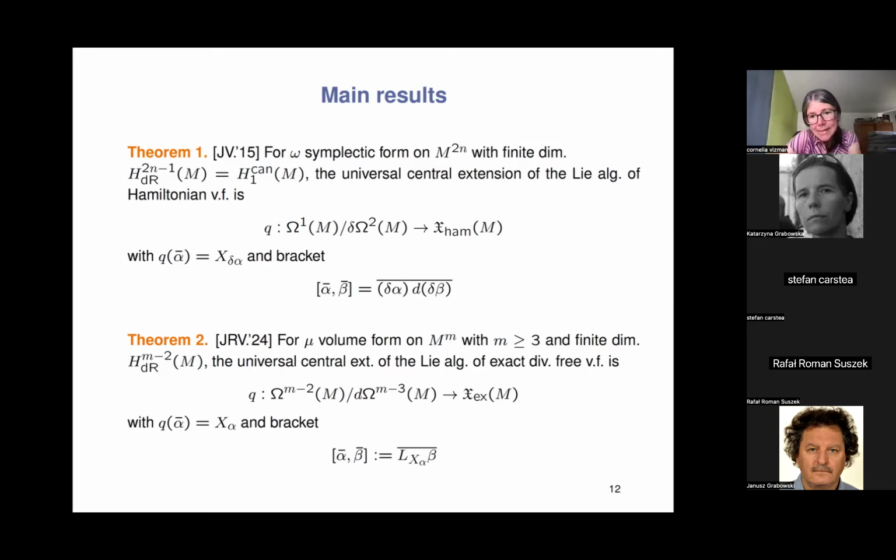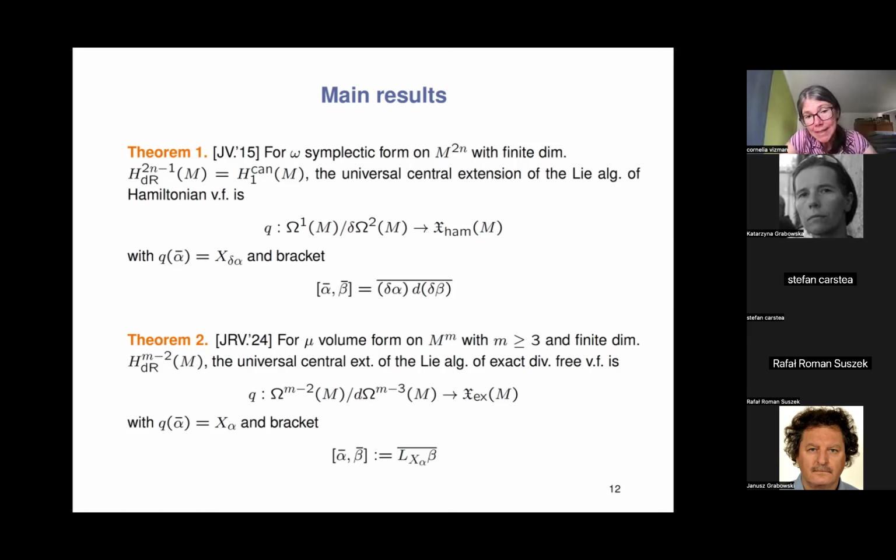In some sense, the second result looks simpler. The central extension is (m-2)-forms modulo exact ones, and we already have the potential of the exact divergence-free vector field. So the class of alpha maps to X alpha.